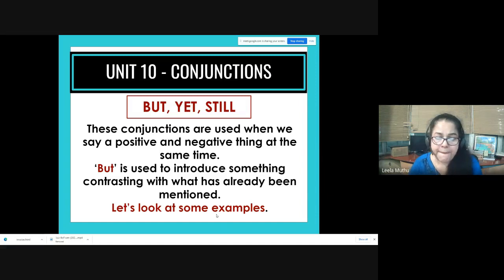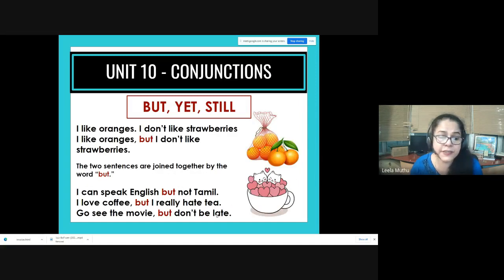But is used to introduce something contrasting with what has already been mentioned. So now we're going to look at different examples, such as this. I like oranges, but I don't like strawberries, a positive and a negative sentence. The conjunction joining the two sentences is but.